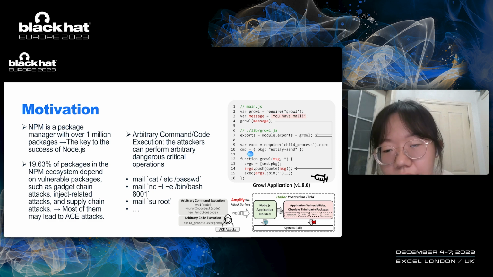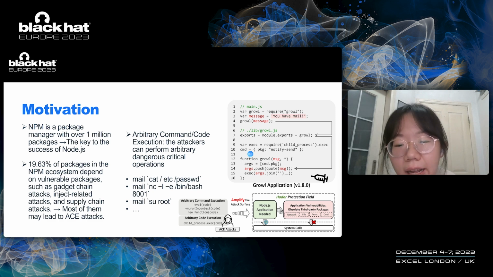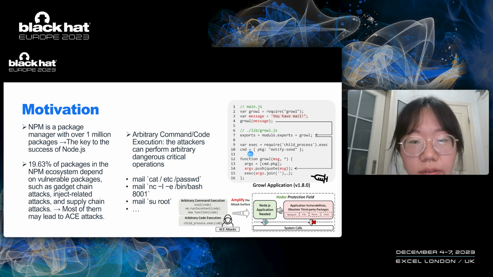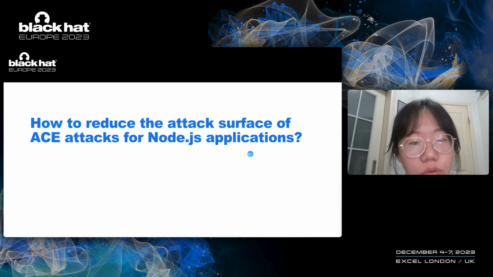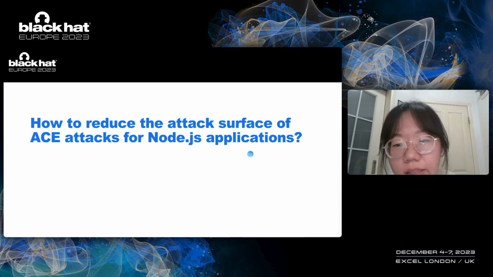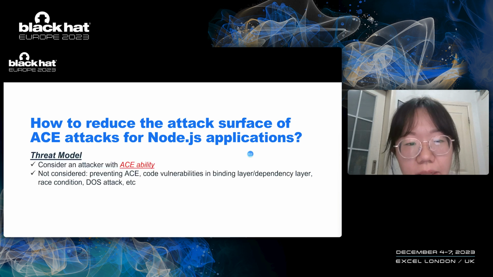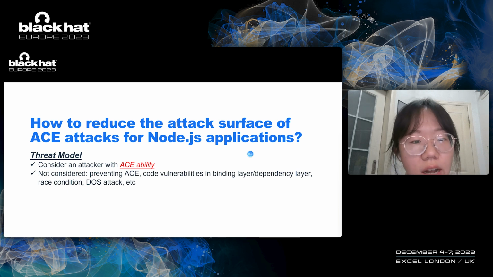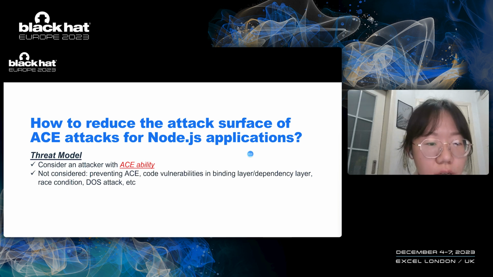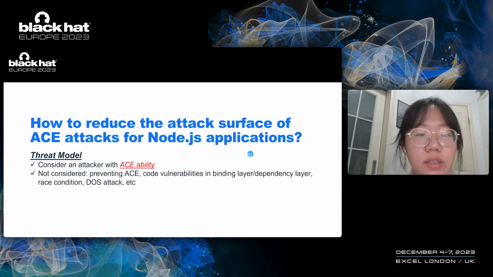And the dependency relations would expand a malicious package to a large attack surface. So, how to reduce the attack surface of such malicious attacks for Node.js applications? In this work, we focus on limiting the attack surface of arbitrary code or command executions.